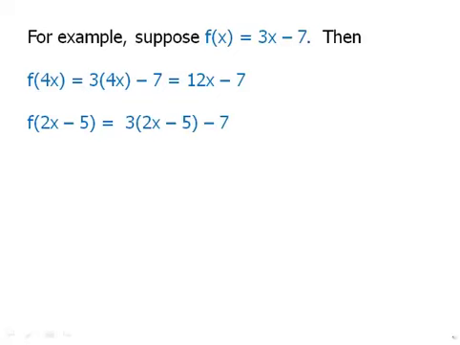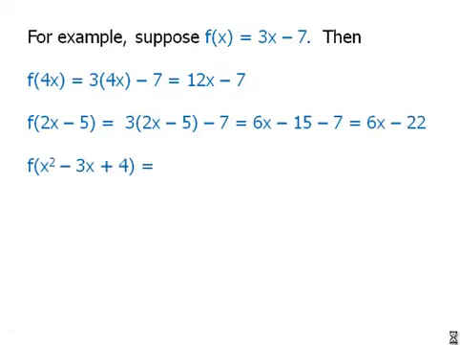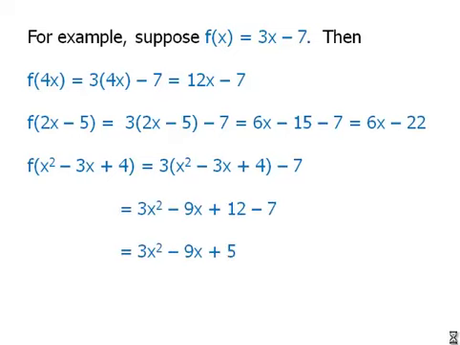And so we'll get this, then just multiply out, simplify, and we get 6x minus 22. We could even plug a quadratic expression into this function. So we're just going to multiply that quadratic expression by 3 and subtract 7. Multiplying everything out, we get 3x squared minus 9x plus 15 plus 5.